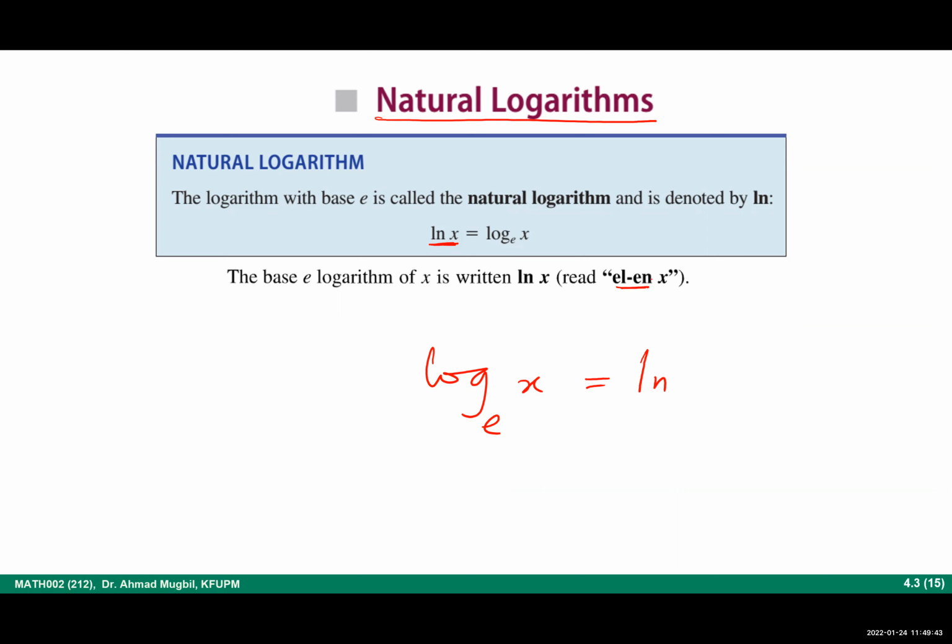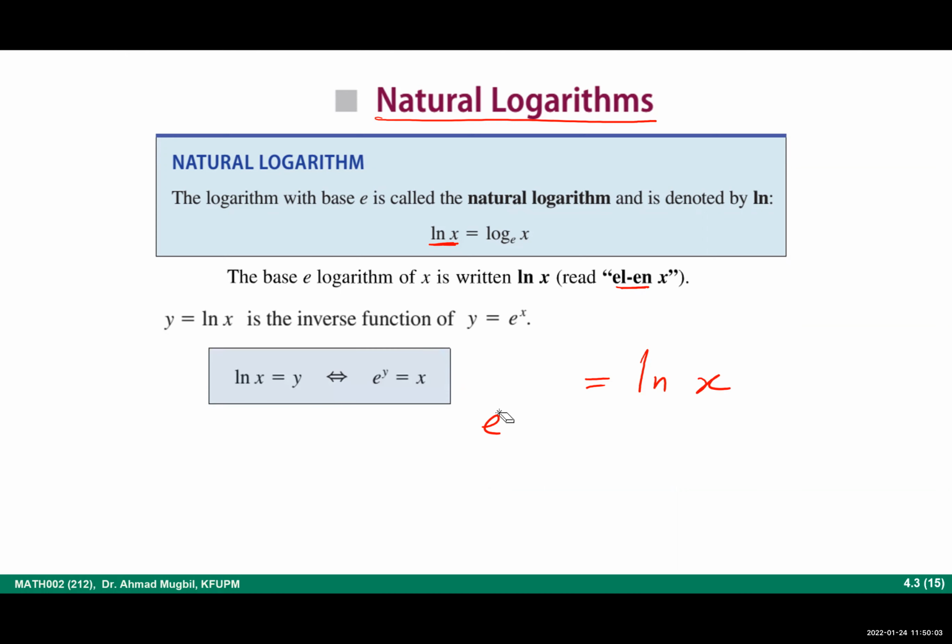It is up to you if you want to say l-n x or ln x, it's okay. So whenever you see ln x, this means log base e of x. And of course, you can apply all the properties that you had before.